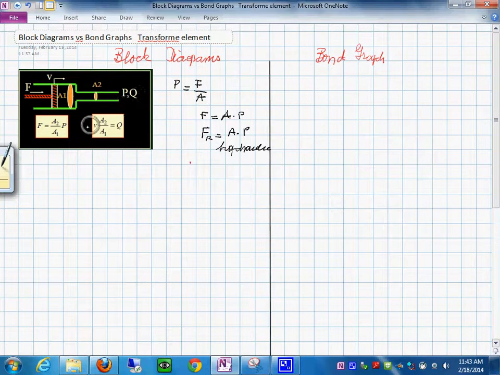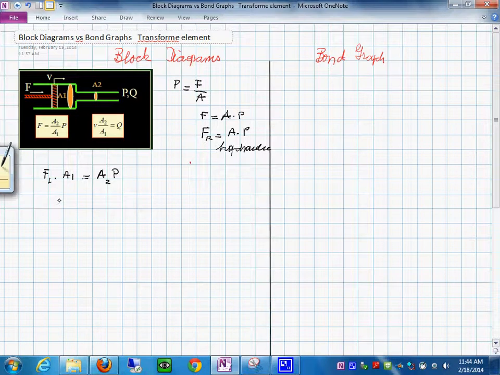In this case, the force on the left times A1 should be equal to the force on the right side, which is the area times the pressure, area 2.